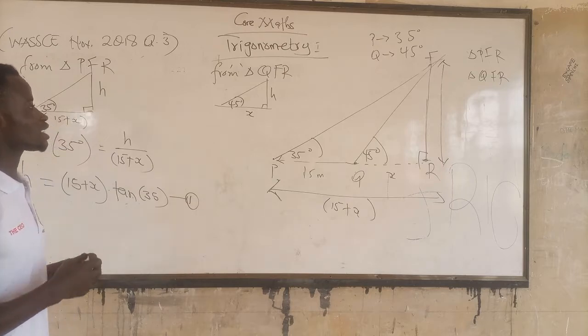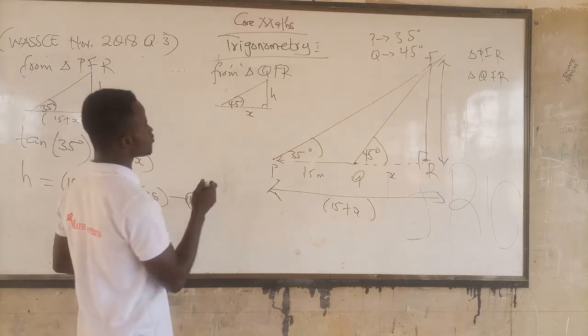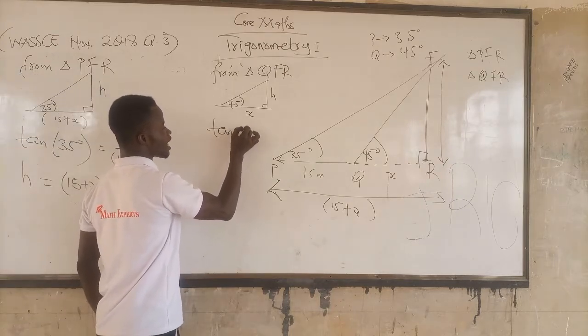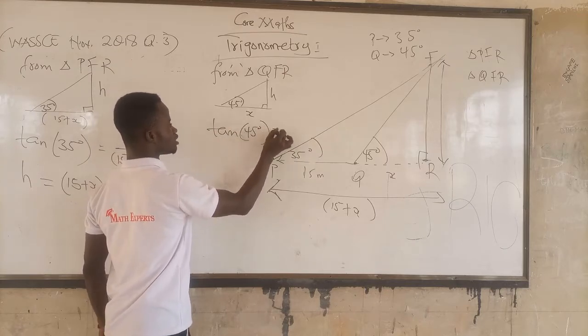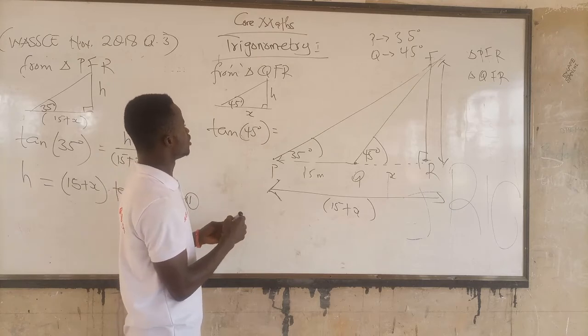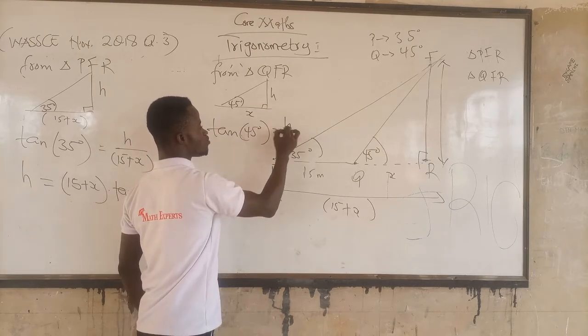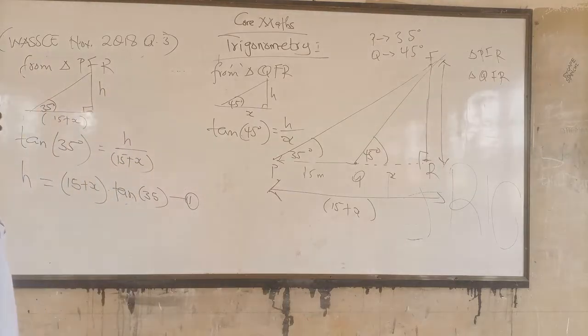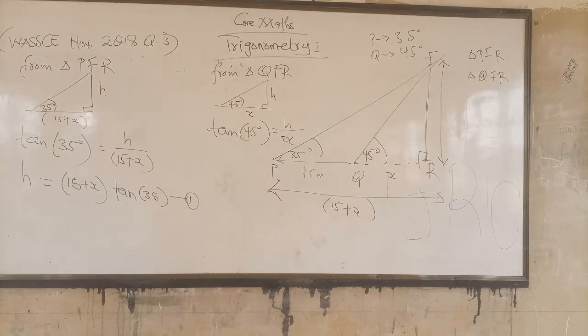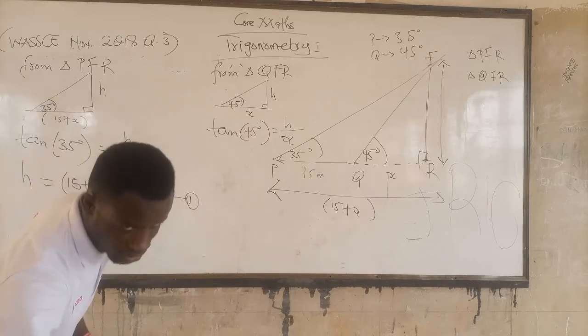So to be able to solve this, that one too will take tan 45 degrees equal to the opposite over the adjacent. I don't want to clean it. Let's manage.